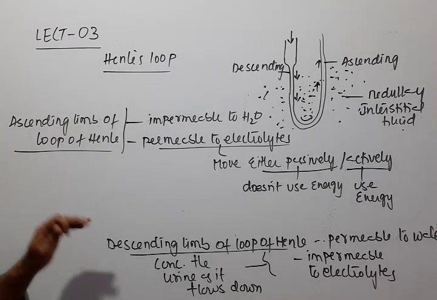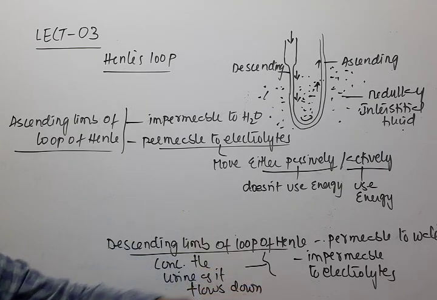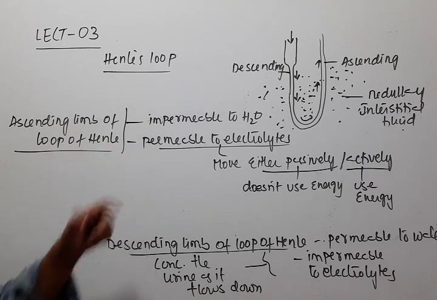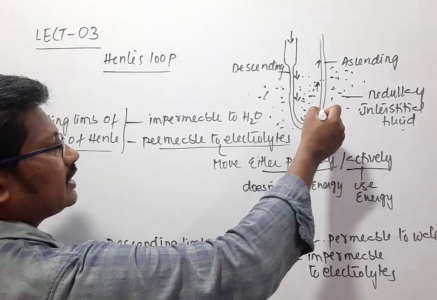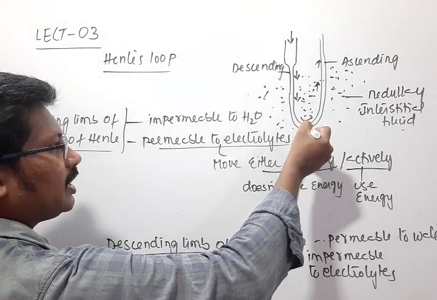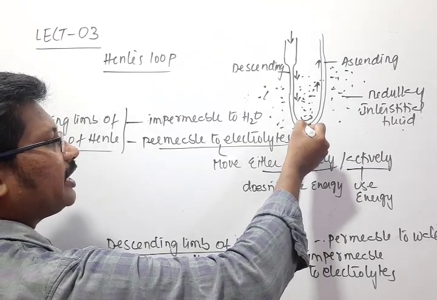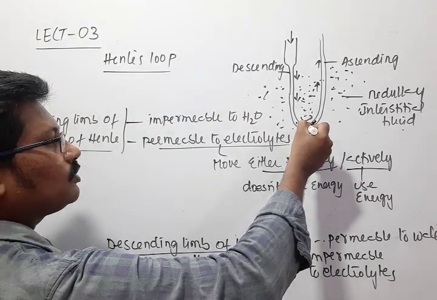So here the descending limb is permeable to water and impermeable to electrolytes, and the ascending limb is impermeable to water but permeable to electrolytes. Because of this, by the time the urine comes to this loop, it will be highly concentrated, which means it will have more solutes.